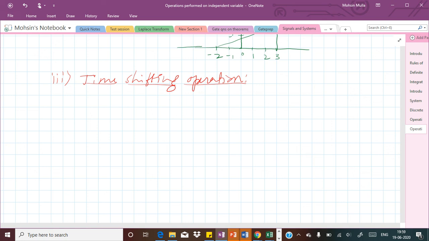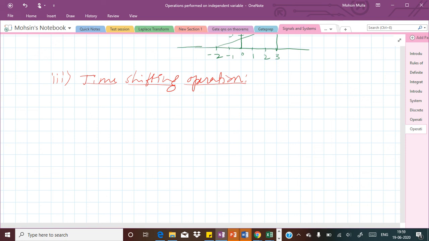Automatically the message will be sent after that particular time delay. This is called the time shifting operation of the signal: the existing signal is performed only after a certain time interval.